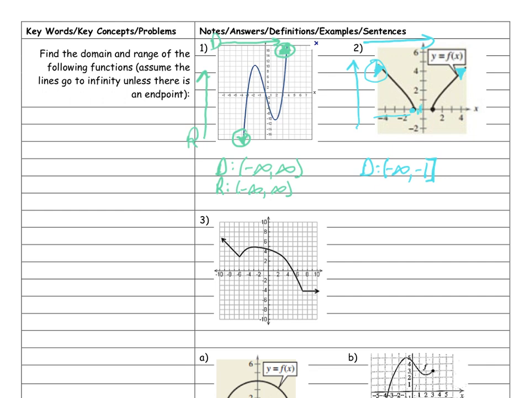And then there's this gap in there that's not part of my domain. There's no x's in my function. I can't use any of those x's. My next one picks up at 1 included, and then I keep going this direction, and it's got an arrow on the end, so my biggest number is going to be infinity, not included.